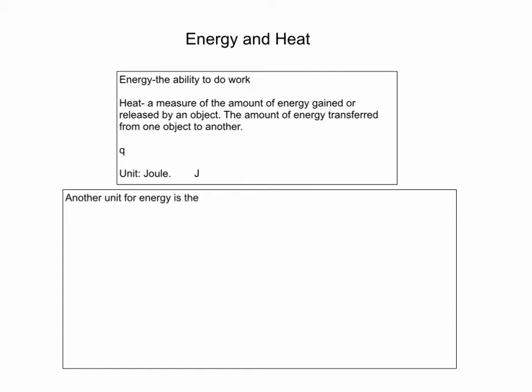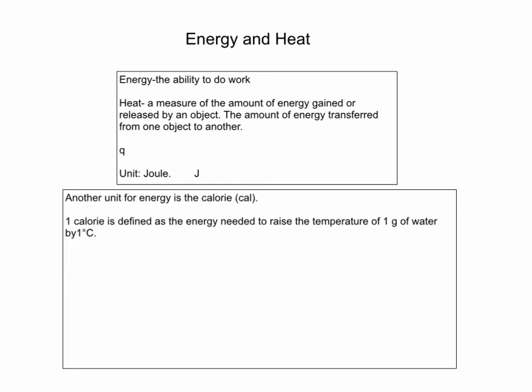And this unit is the calorie, or cal for short. 1 calorie is defined as the energy needed to raise the temperature of 1 gram of water by 1 degree Celsius.